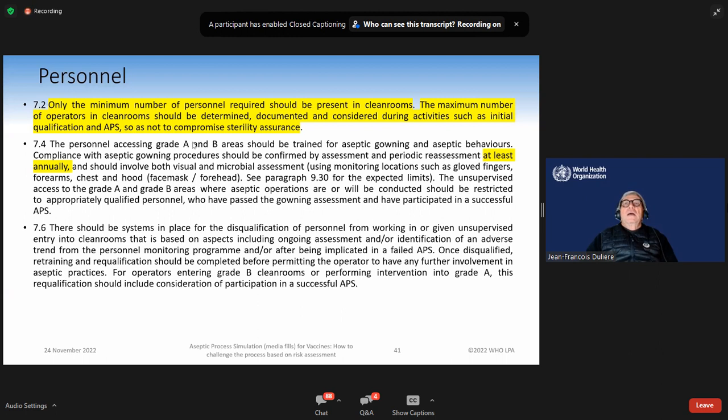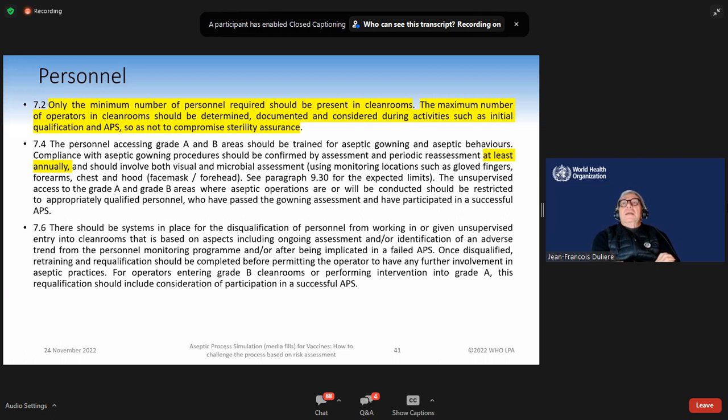Now, there is an important point. Personnel accessing grade A and B areas should be trained for aseptic gowning and aseptic behaviors. Compliance with aseptic gowning should be confirmed by assessment and periodic reassessment, at least annually.